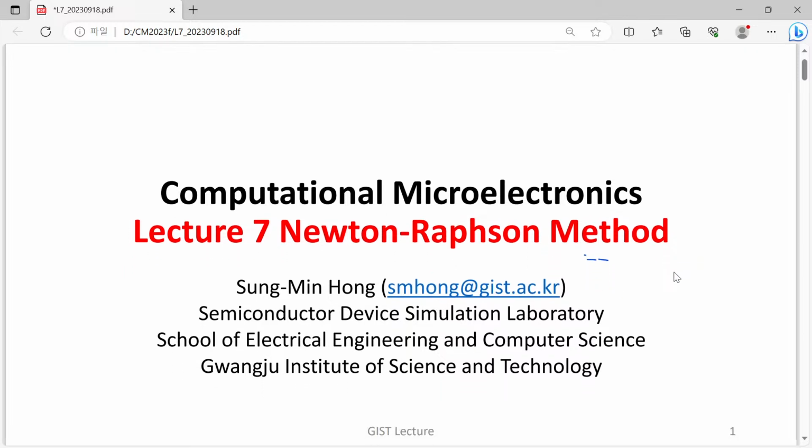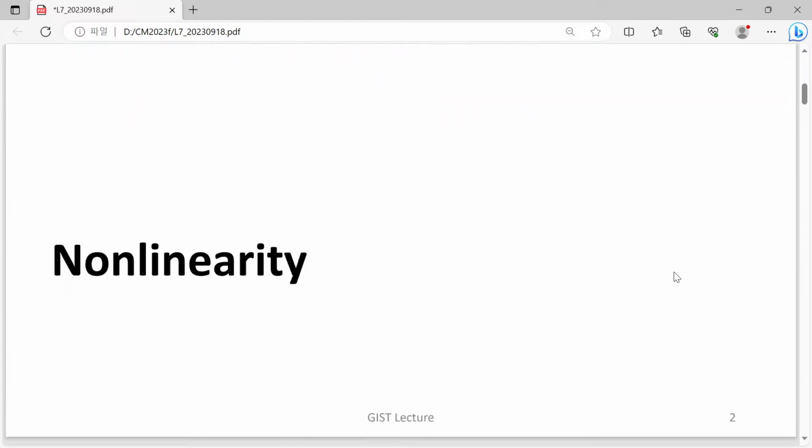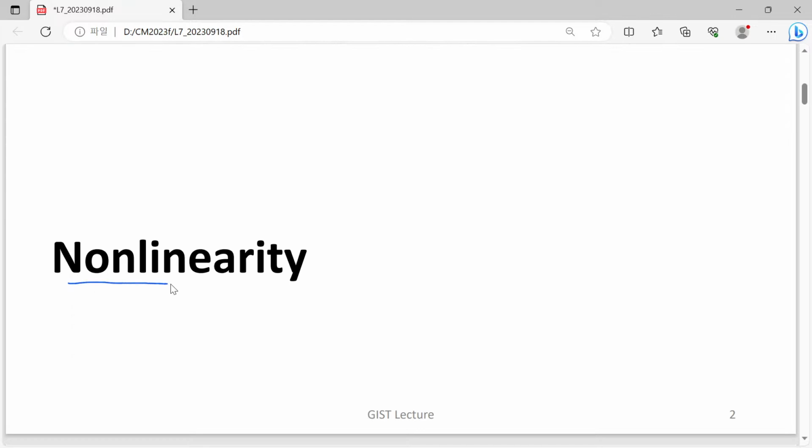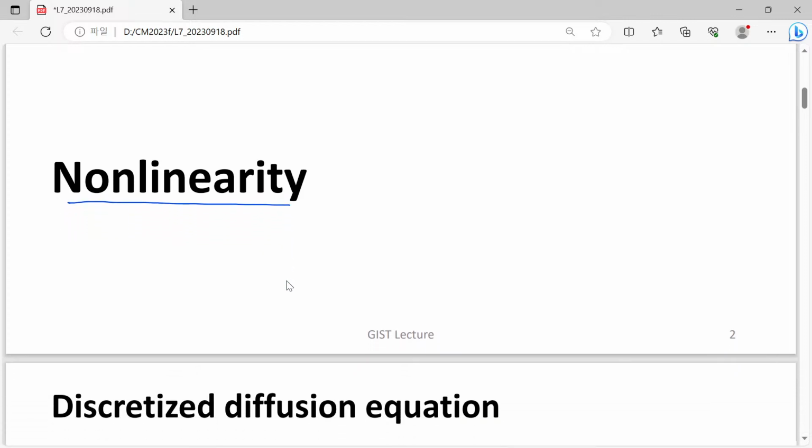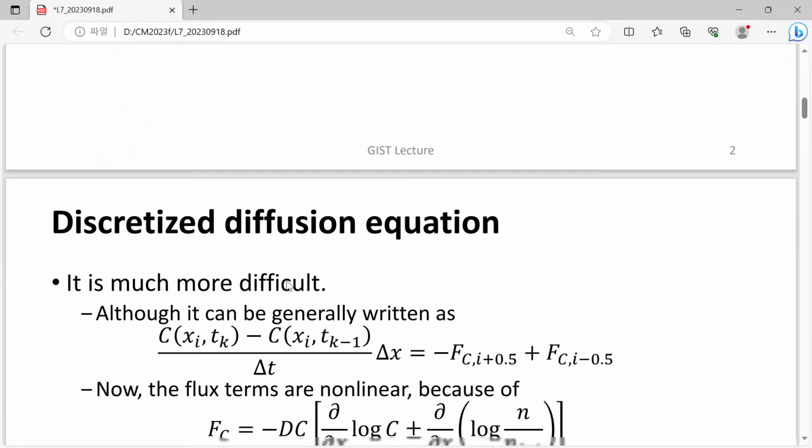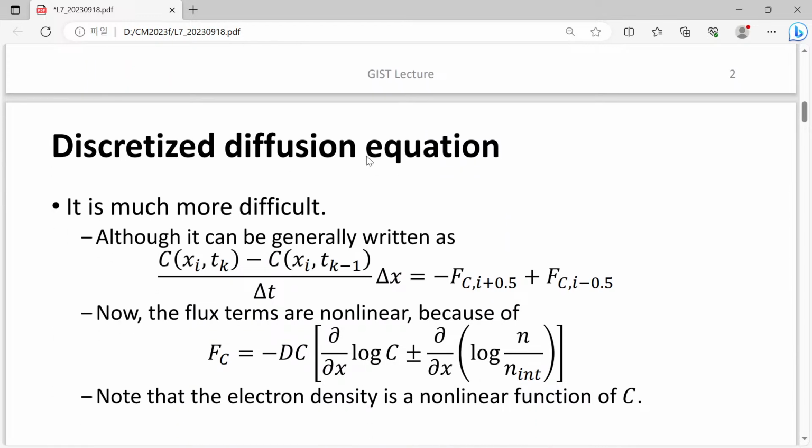Non-linearity is quite important in our course, actually one of the most important topics in this course. So please recall our previous diffusion equation.